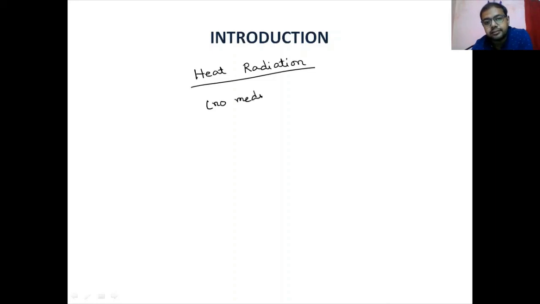For heat conduction, a solid or liquid is required, in all cases. For heat convection, a fluid medium is required. But heat radiation can literally occur in a vacuum also. So as no medium is required, what is the reason? How is it happening? The reason is electromagnetic wave propagation.